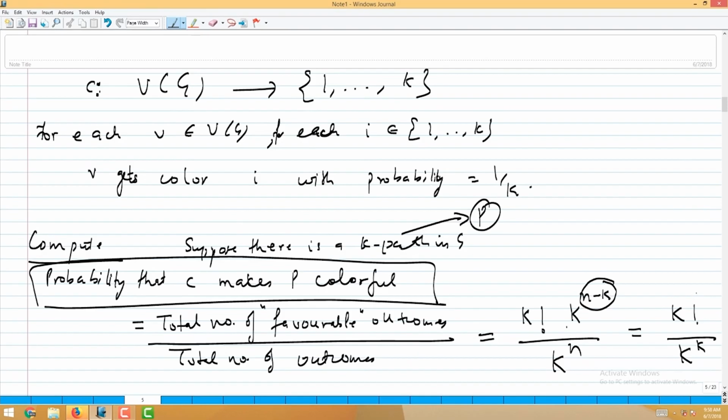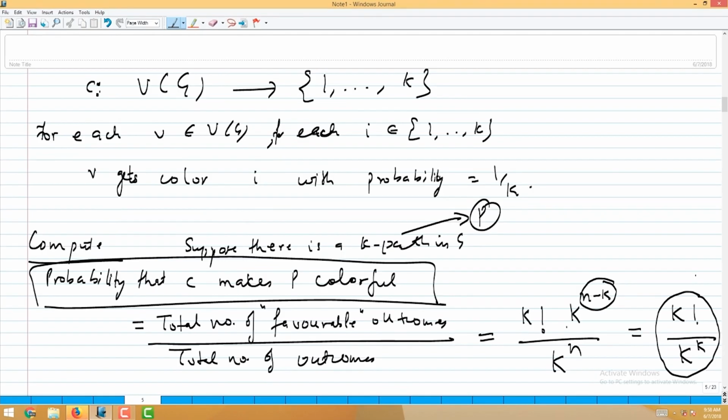Now, does anyone know a way to write this expression more neatly? So basically, does anyone know an upper bound for k factorial?